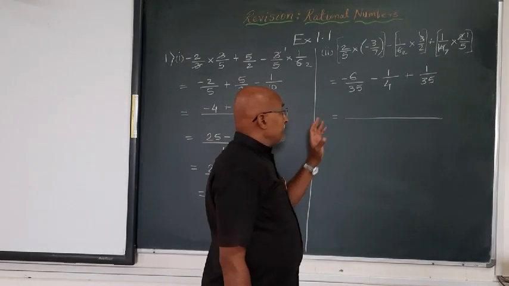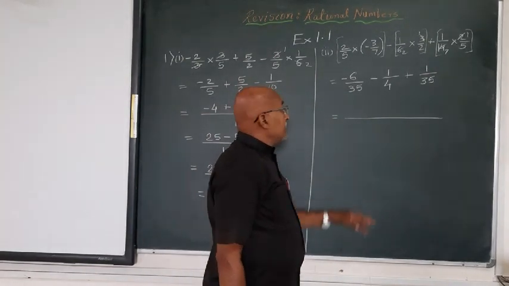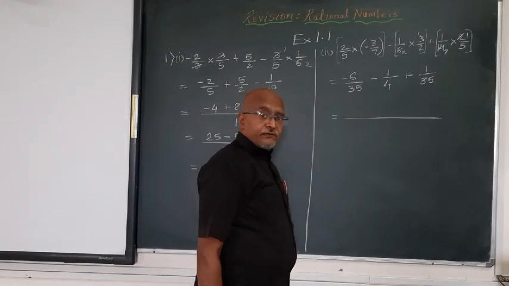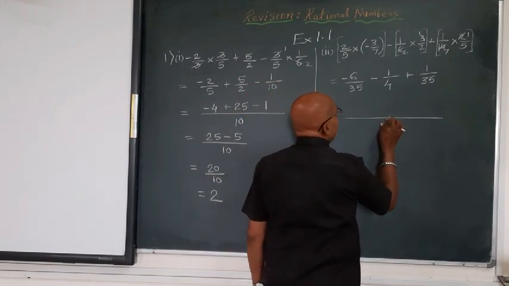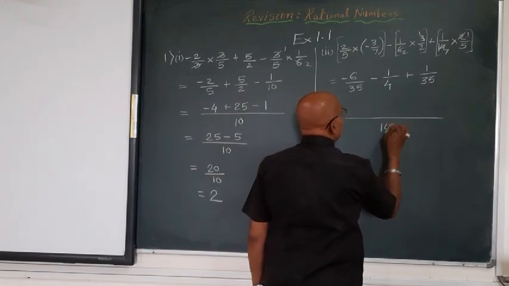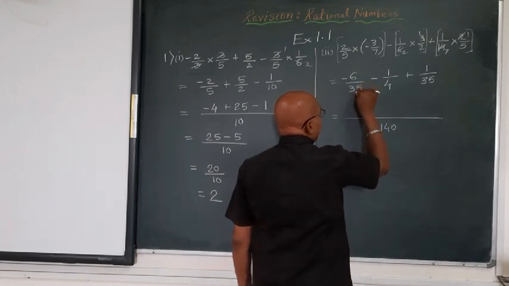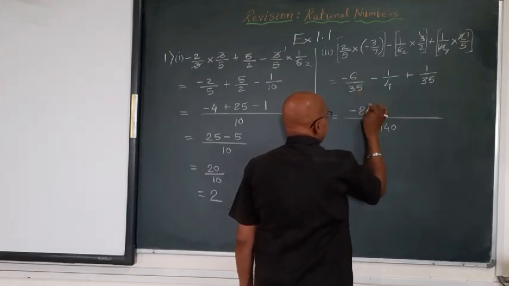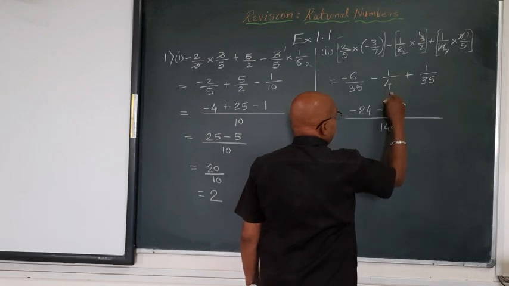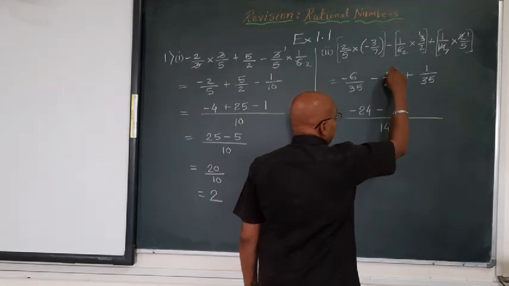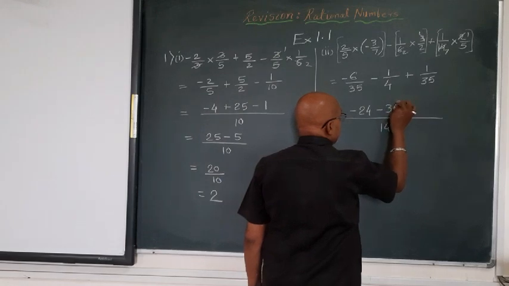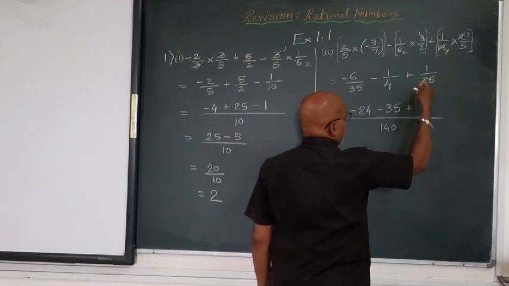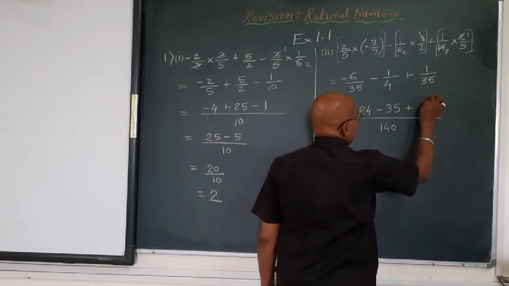You will find that 35 fours comes 140 and 140 is divisible by 4. Obviously it gives 35 only. So here 140 will be the LCM. 6 fours are 24, because 35 fours are 140, so 6 fours are 24, minus, so 35 fours are 140, so 35 into 1 is 35, and plus 1 upon 35, 35 fours are 140, so obviously here we get 4.